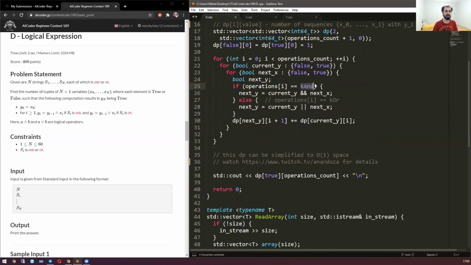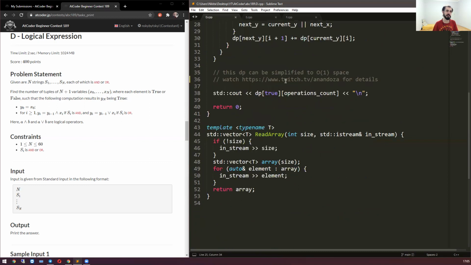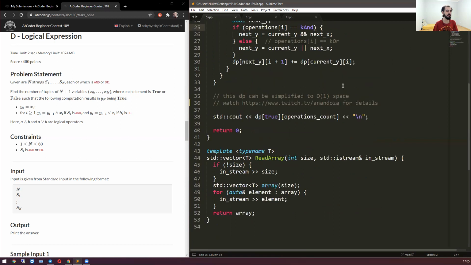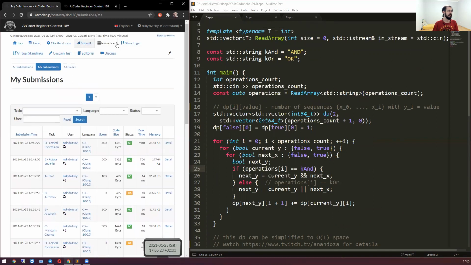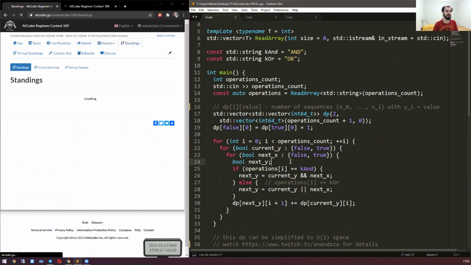Yeah, it's a really great idea to encode strings as constants, because then if you mistype something, it won't compile. I'm just giving you a short recap of what Anand said, in case you don't want to watch the entire video, just going a bit quicker through the problems. Something like that took me a while to implement, because I originally thought that we need current x, but we did not. So yeah.